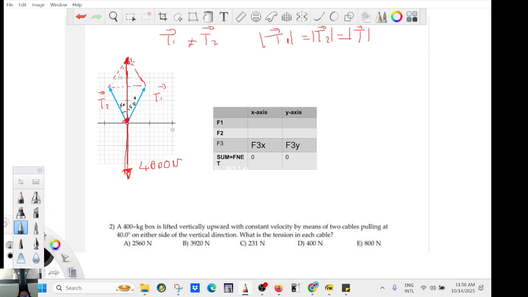Okay, so you have two ways to do it. So this is 40 degrees. If this is 40 degrees, that will be 40s.